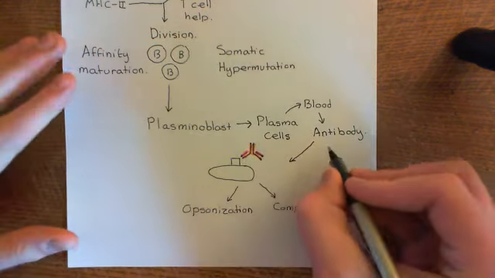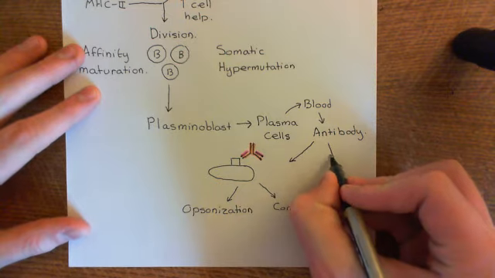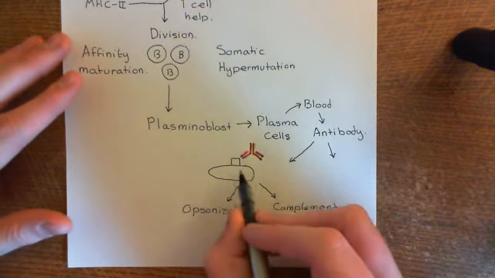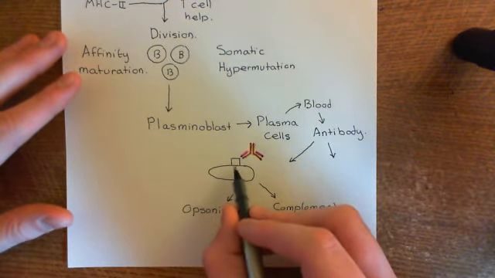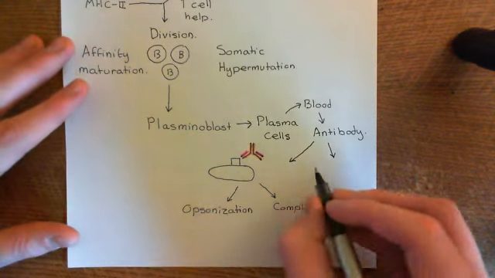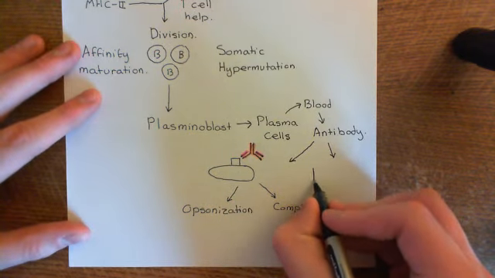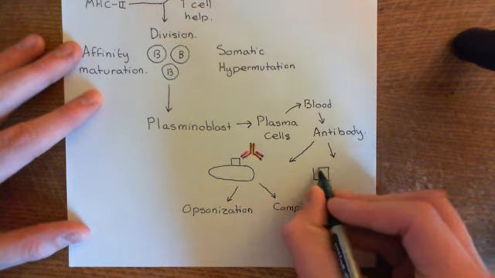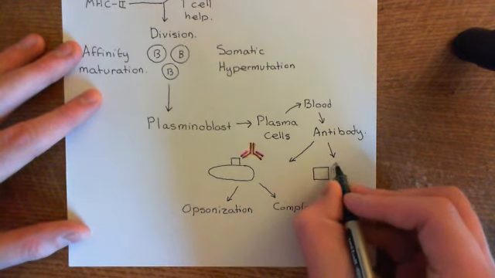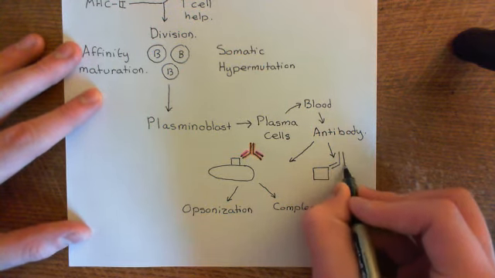In addition, some antibodies will not be launched against antigens which are on the surface of the microbe. Instead, some antibodies might be against soluble antigens. Okay, so maybe the antigen was being released by the microbe.